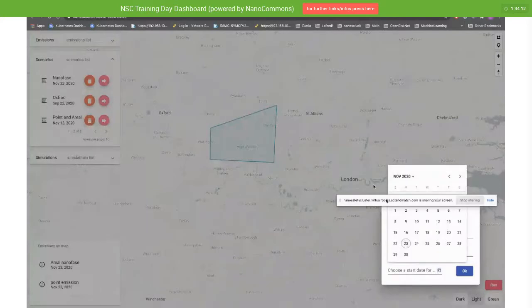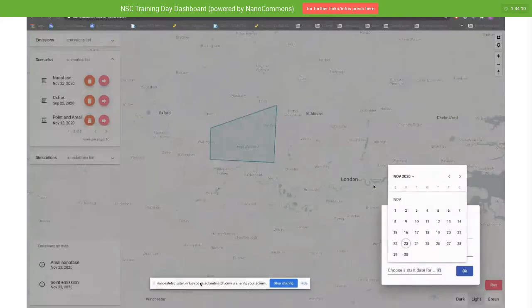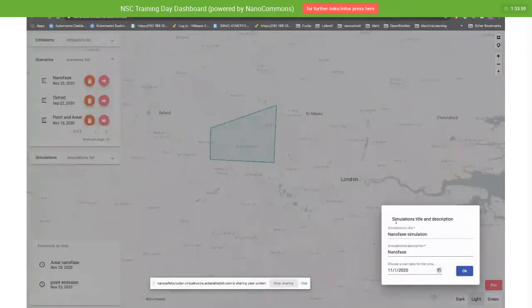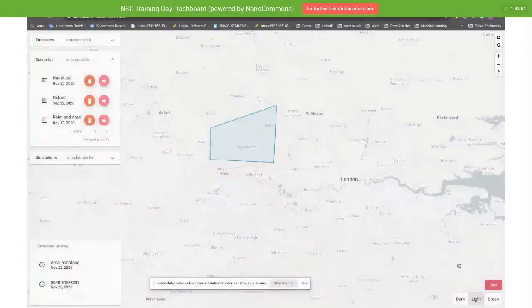The simulation outputs will be 365 days of simulation upon the specific catchment. So let's say that the simulation will start on the 1st of November. Now I have the start date of the simulation, and I can press the run button, which will create a simulation.